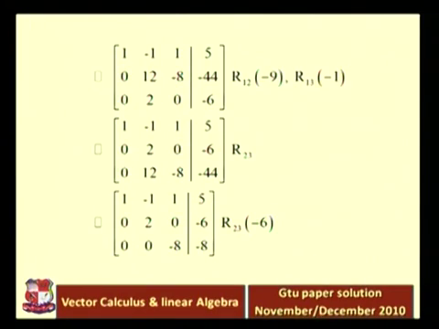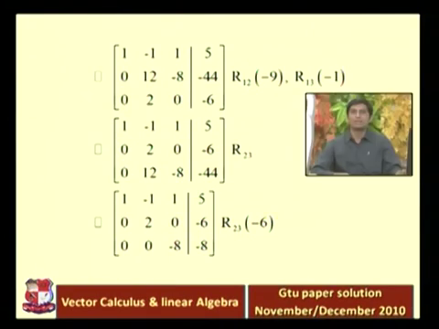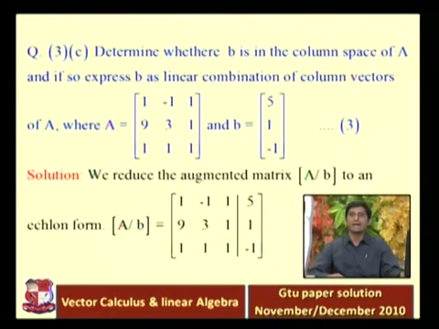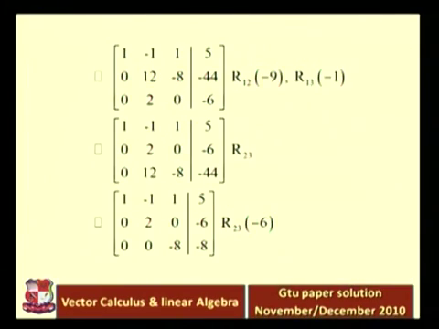The first row is as it is: 1 -1 1 5. The second row becomes 0 12 -8 -44, because we are multiplying the first row by -9. You can see from the first matrix: 9 minus 9 is 0, 3 plus 9 is 12, 1 minus 9 is -8, and 1 minus 9 into 5 is -45, so -44.